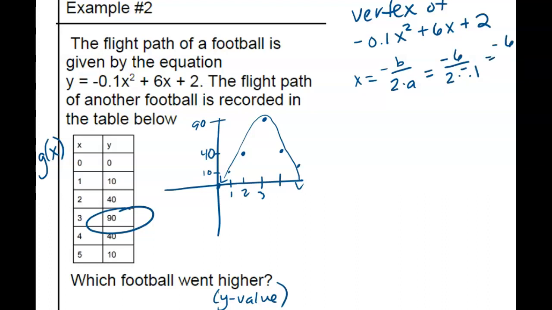So we get negative 6 over negative 0.2. And that's negative 6. You're going to type that in. I just don't have a calculator. So negative 6 over negative 0.2 is 30.